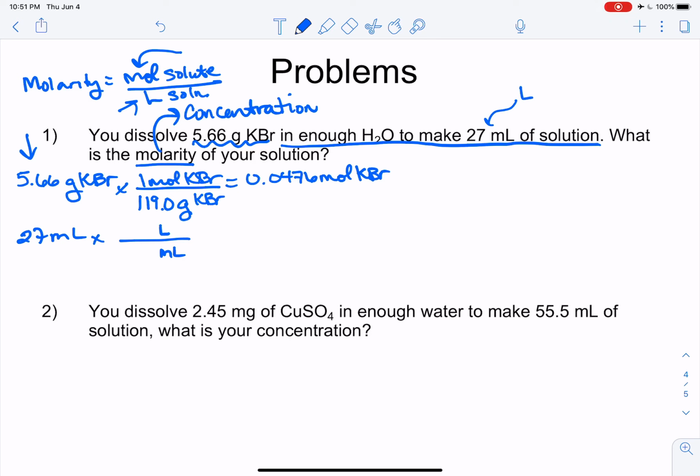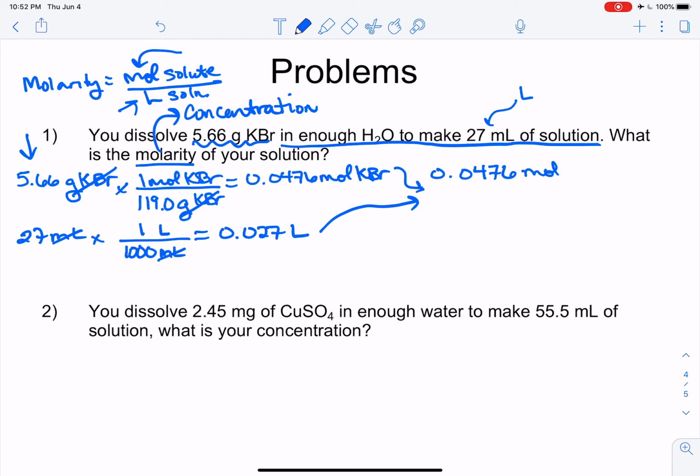And at this point in the semester, we should know that in 1 liter, you have 1,000 milliliters, and those milliliters cancel out. So we have 27 divided by 1,000, and that's going to give us 0.027 liters.